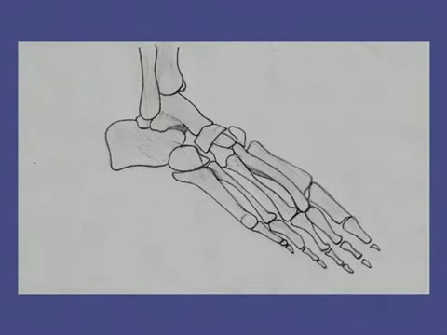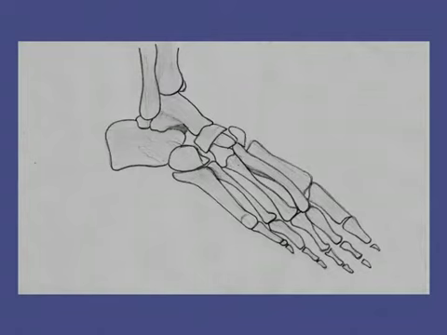The lateral arch is lower than the medial arch, and the talus bone is considered the keystone of the longitudinal arches, because all the body weight is transferred through the talus, and it is divided into 2, one to the calcaneum on the posterior side, and one to the anterior side of the arch. So the keystone of the longitudinal arch is the talus bone itself.